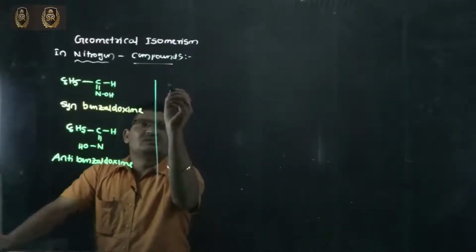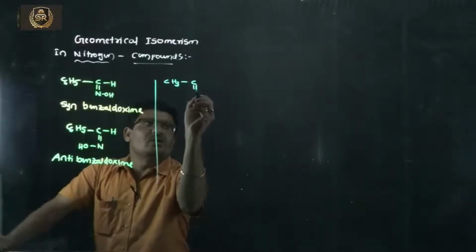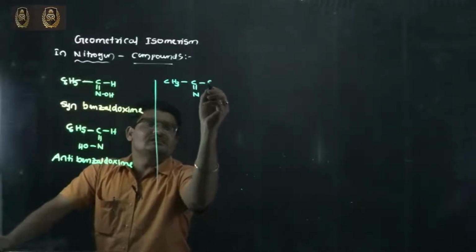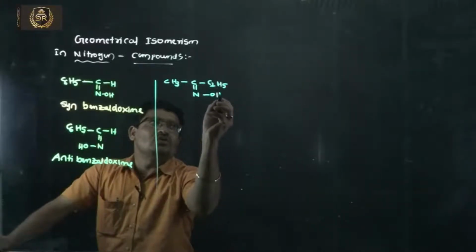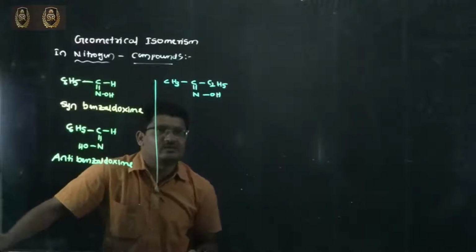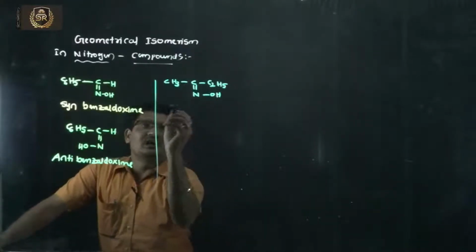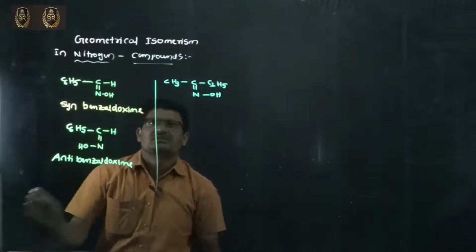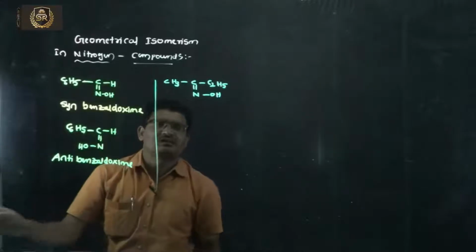Next one: CH3, C double bond N, on this side C2H5, on this side OH. So its name is ethyl methyl ketoxime. According to this, one carbon is methyl, two carbon is ethyl.